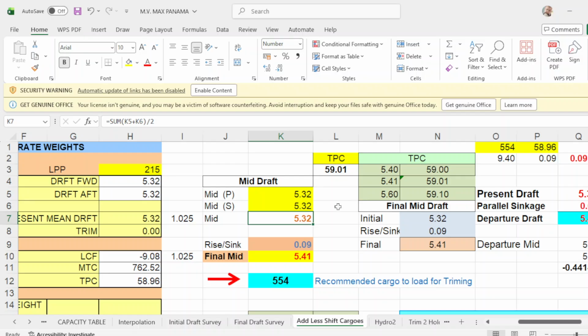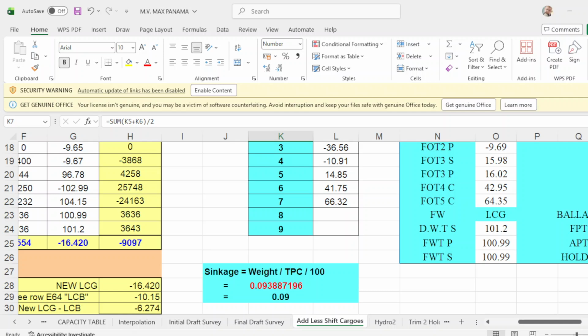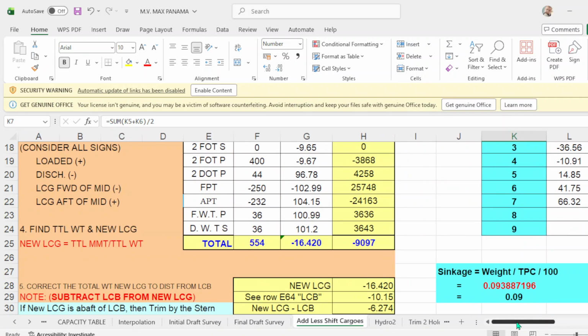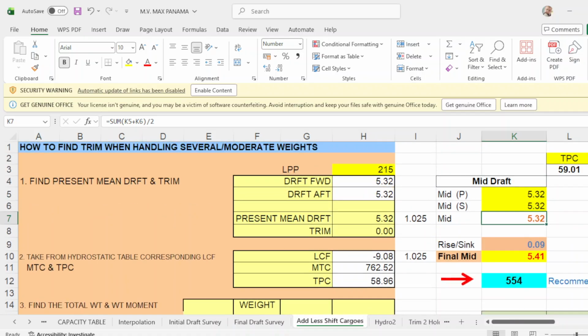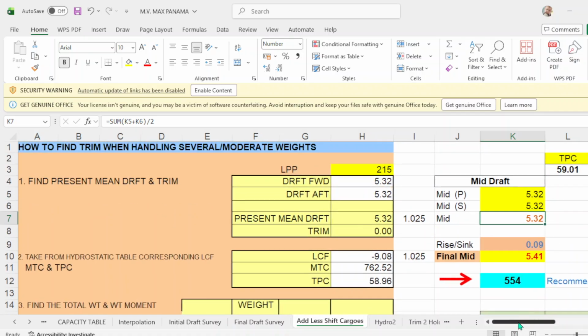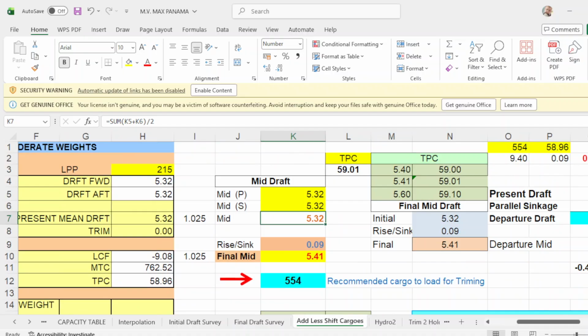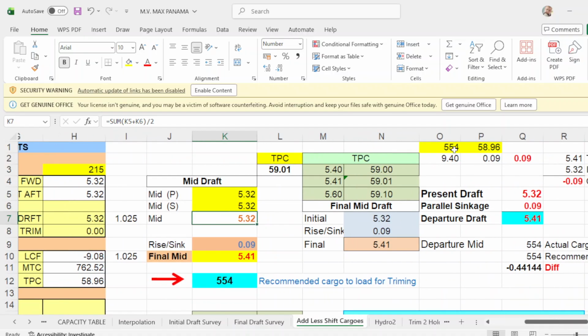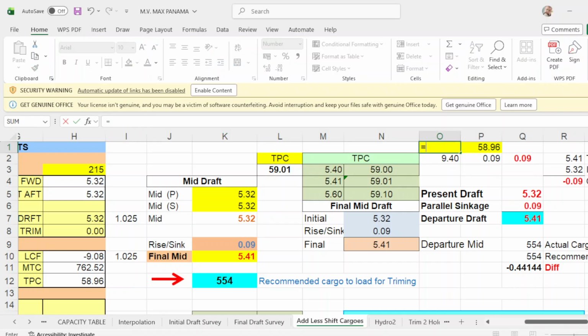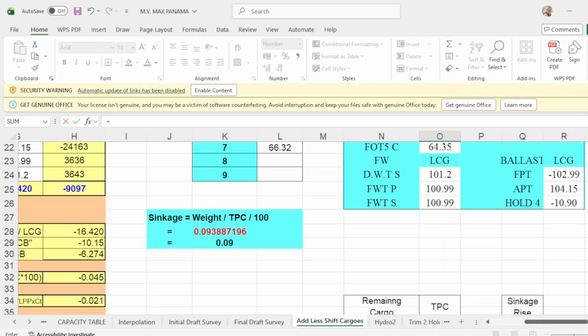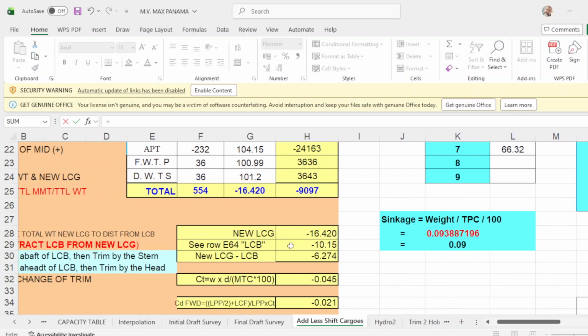Okay, take note that your total weight is 554, okay? With this 554, I put it here. So I put here equals, that will be this one, 554, okay?